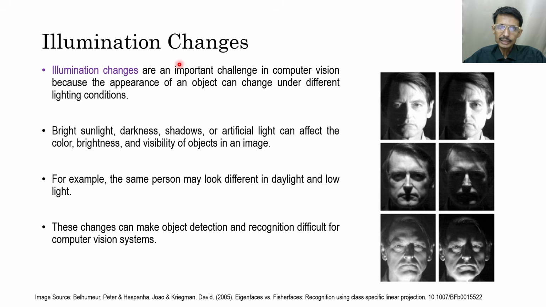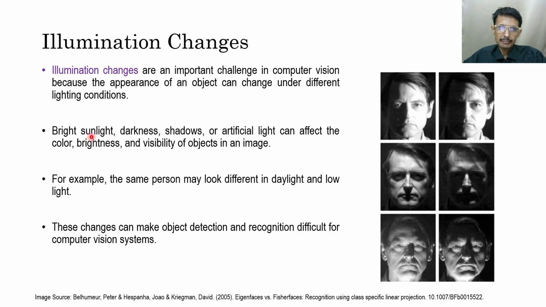If the illumination or lighting conditions change, then problems like object detection or face detection become very challenging. Illumination changes are an important challenge in computer vision, because the appearance of an object can change under different lighting conditions.